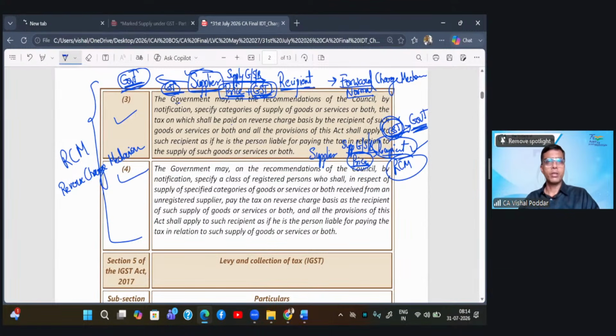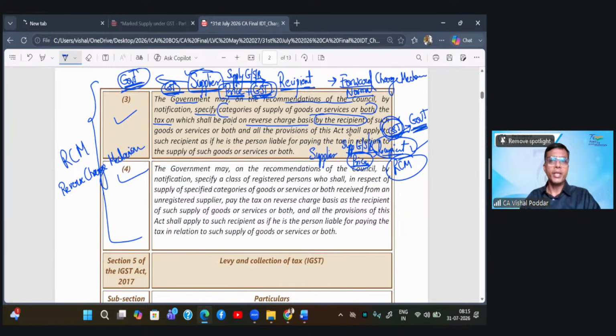What it says, the government, obviously on recommendation of council, will specify which category of supply of goods or service or both. So it will specify those supplies where the tax will be paid under reverse charge, which means tax will be paid by the recipient of such supply.